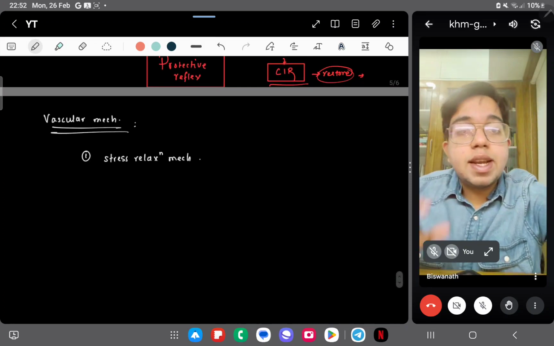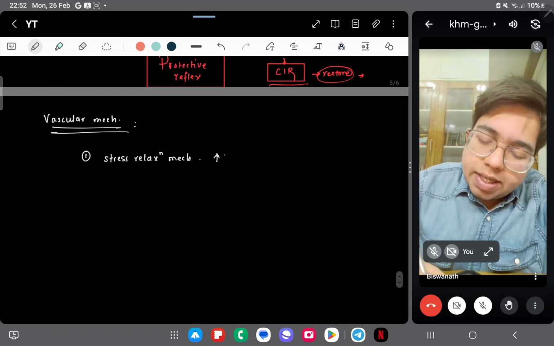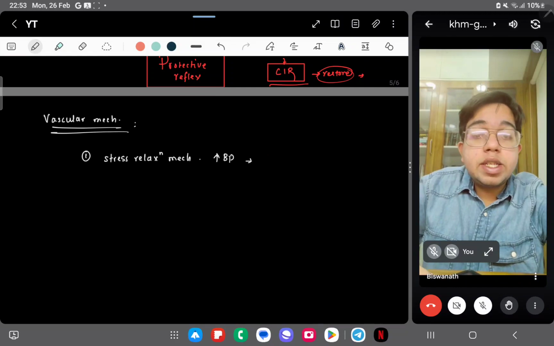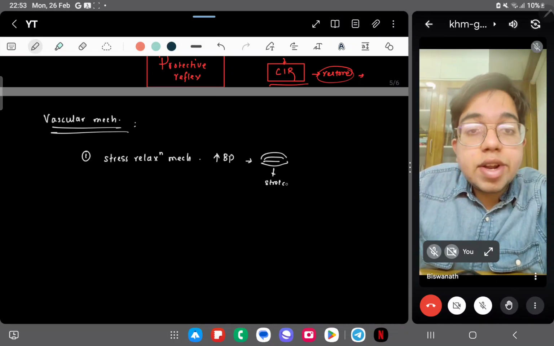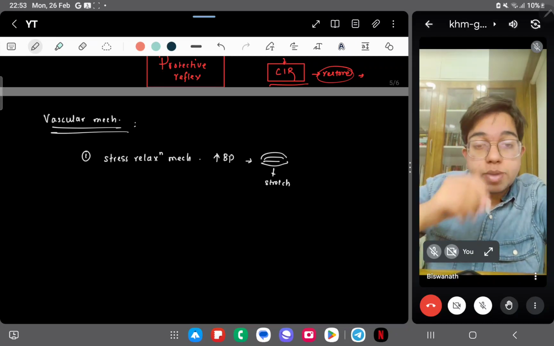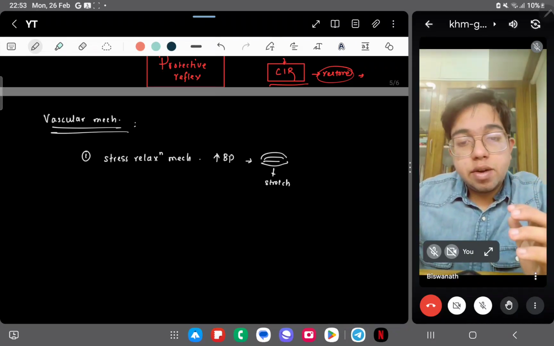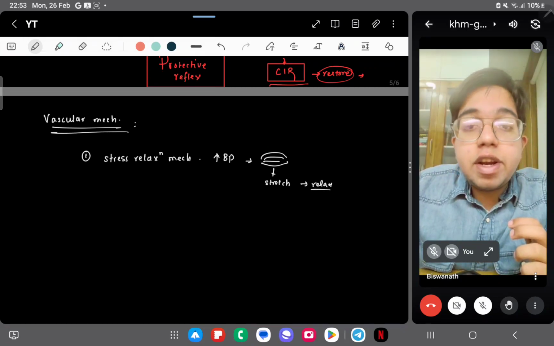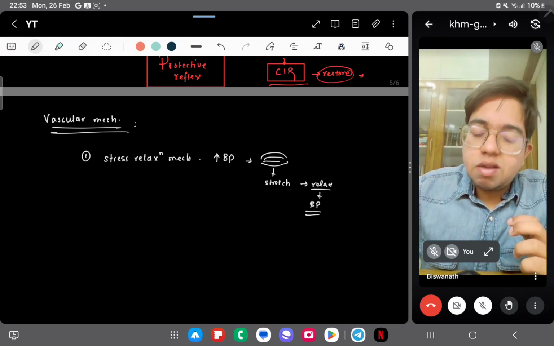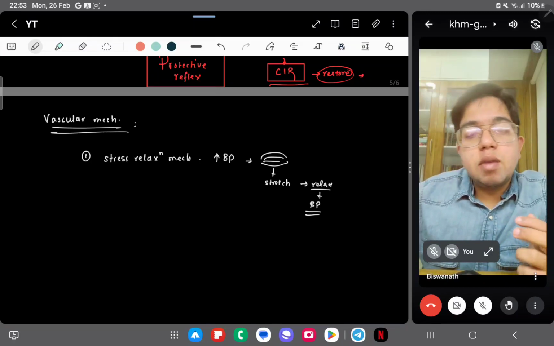First one, stress relaxation mechanism. So if there is increased BP, there will be stretch of smooth muscles. Let's say this is a muscle. This will stretch. If the muscle is stretching, it will relax also. And if it relaxes, the BP is normal. Very absurd thing, but it happens.